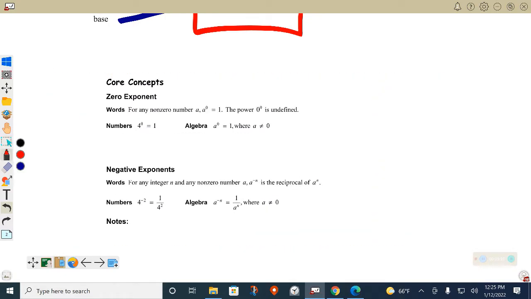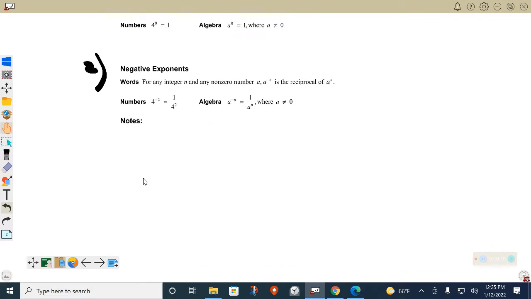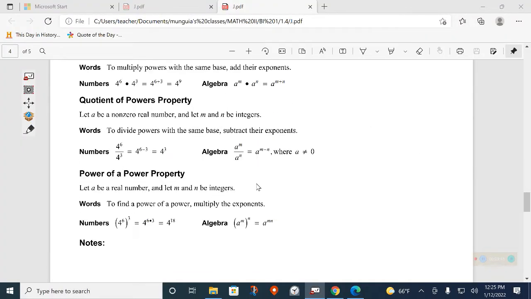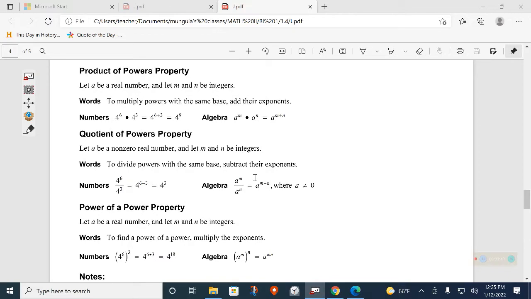Go ahead next to the 0 exponent rule and write number 1. And then next to negative exponents, write number 2. That's the second rule. Let's keep going. Flip the page. And that's number 3, 4, and 5, so on.